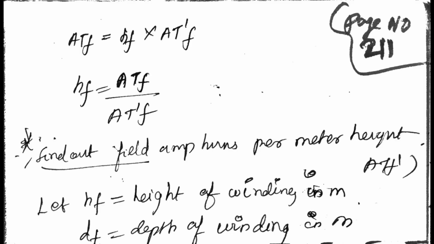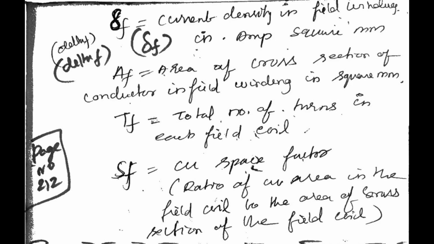Important points. Find out field ampere turns per meter height, ATF dash. Let HF be the height of winding in meter. DF is the depth of winding in meter. Delta F is the current density in field winding in ampere per square millimeter. Capital AF is the area of cross section of conductor in field winding in square millimeter. Capital TF is the total number of turns in each field coil.